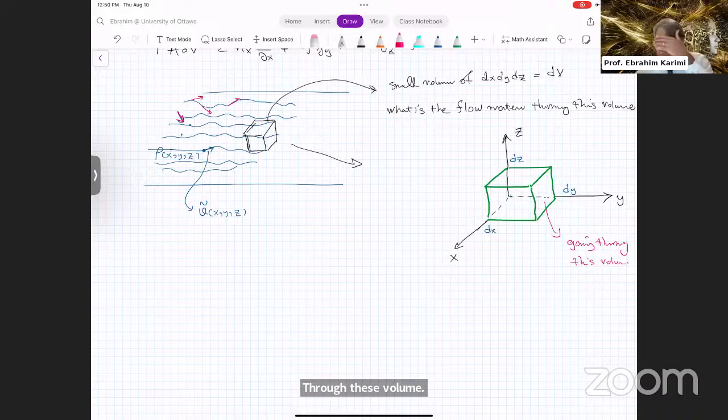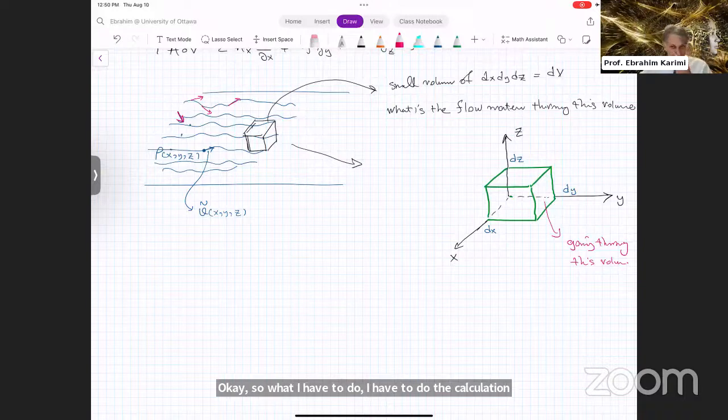Okay. So what I have to do is the calculation to find out how much water is going through the x direction, through the y direction, through the z direction.